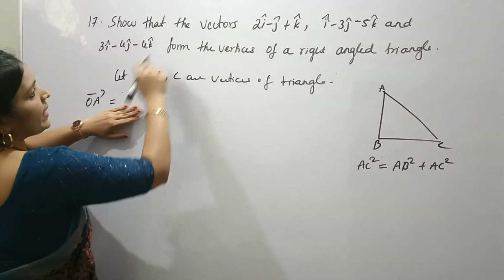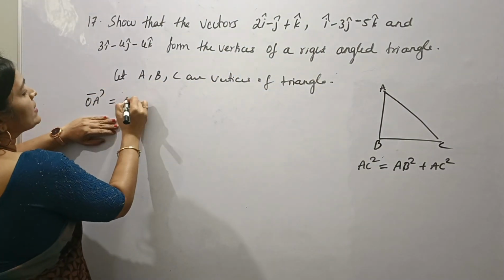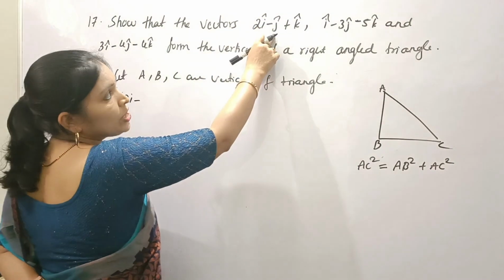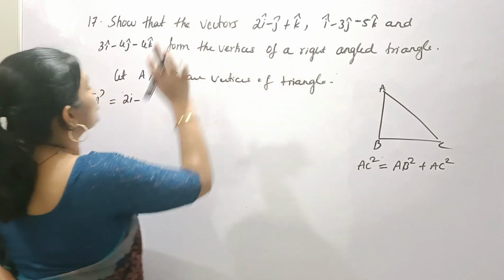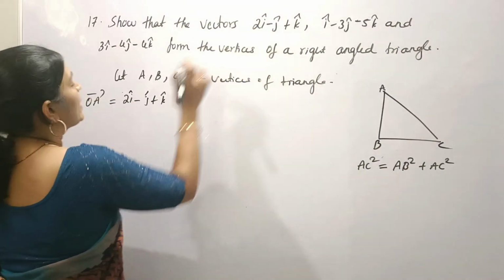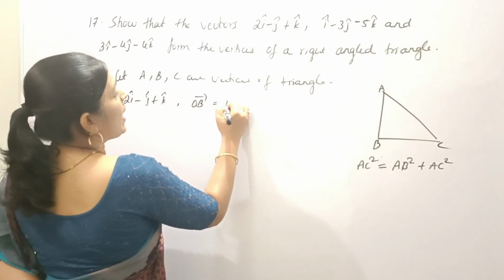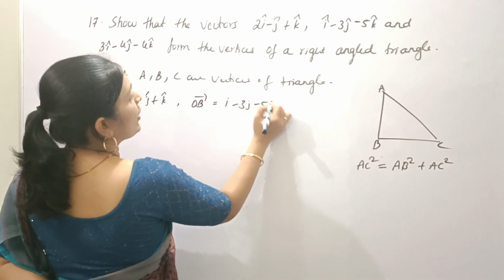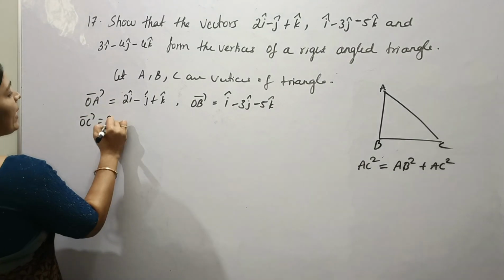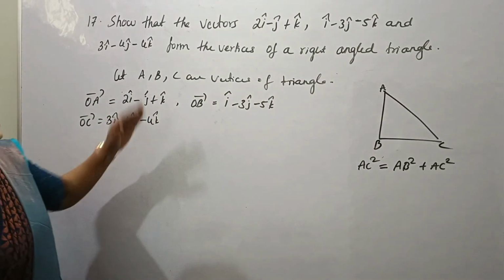Let A be this vector, B this vector, C this vector. Then position vector OA is 2i minus j plus k, position vector OB is i minus 3j minus 5k, and vector OC is equal to 3i minus 4j minus 4k. Okay, already vectors are given.